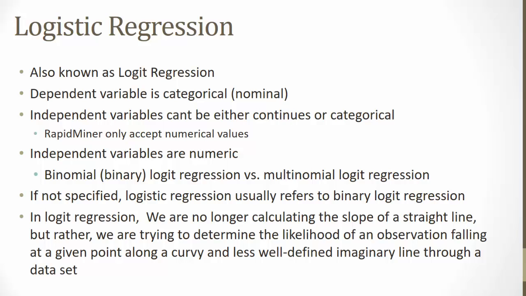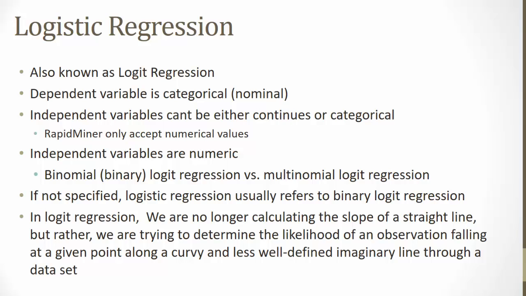So going back to the difference between logistic regression and linear regression. In linear regression, we assume that there is a linear relationship between independent variables and the dependent variable, and the dependent variable can take on values from negative infinity to positive infinity. But when we come to logistic regression, we are only dealing with two values.